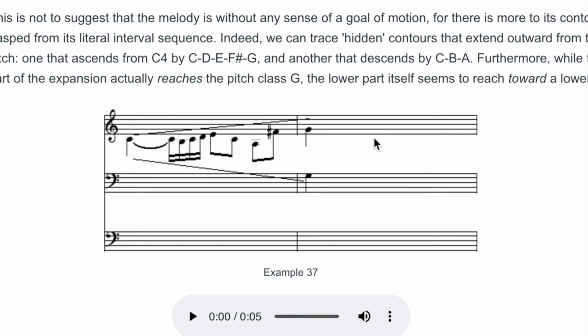Now, what I'm trying to show with these lines is how the melodic contour implies a kind of expanding wedge. What I'll do is play the melody hanging on to the notes that establish new parameters for the contour. That is to say, things that move it either up or down.